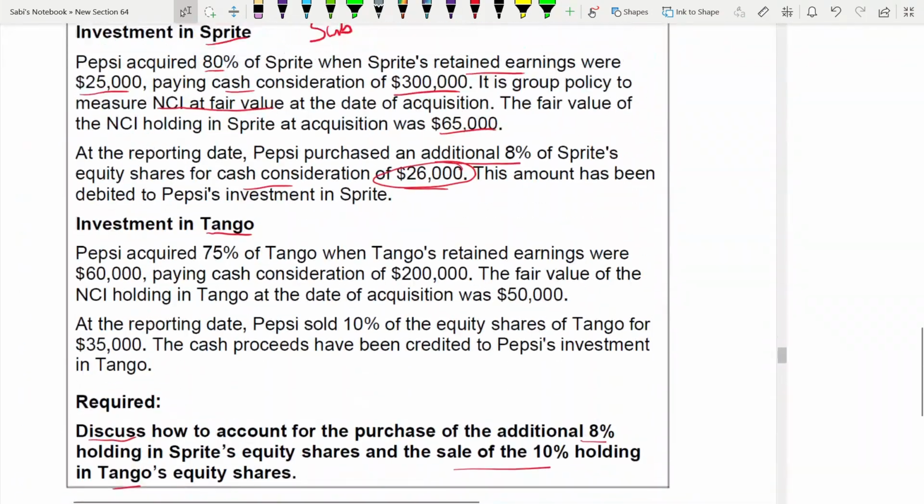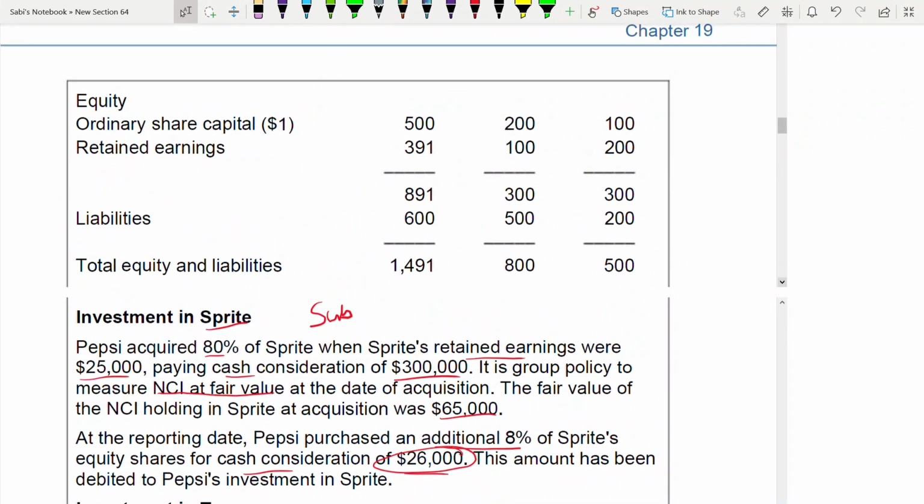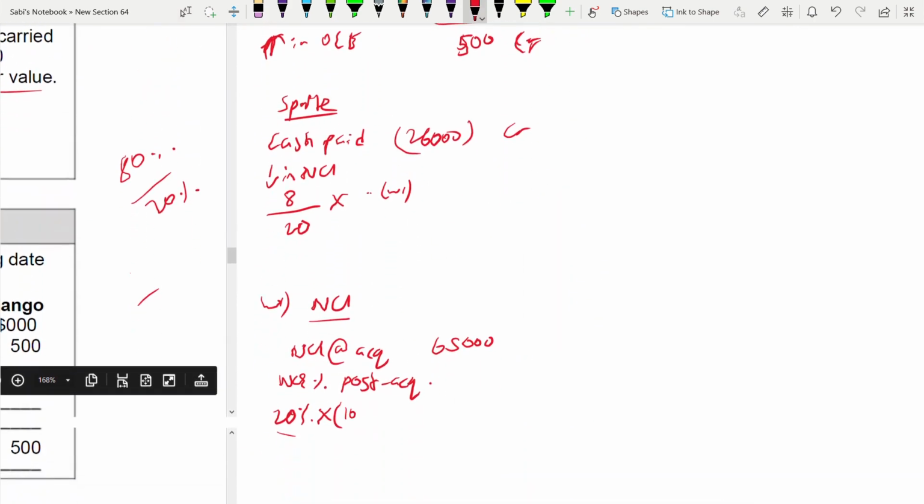Here you have to check the retained earnings, because of the movement in the retained earnings. Retained earnings in Sprite was 100,000 at the reporting date, but at acquisition it was 25,000. So the difference, 100,000 minus 25,000, will be 75,000. So 65,000 and 15,000 becomes 80,000.